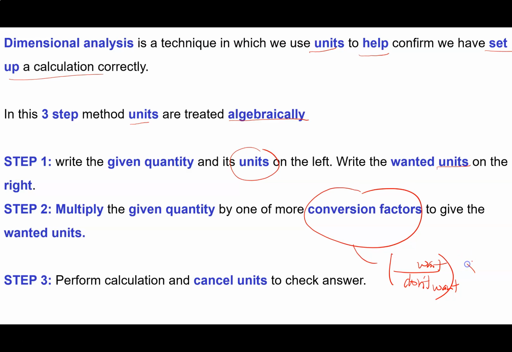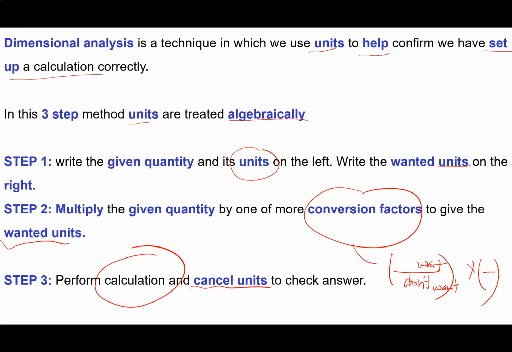Sometimes you have to multiply by multiple of these, but eventually, when you cancel all the units out, it's going to lead you to what you want. Before you actually put it into your calculator, you cancel units to make sure that you've got what you want, and then you enter it into your calculator.